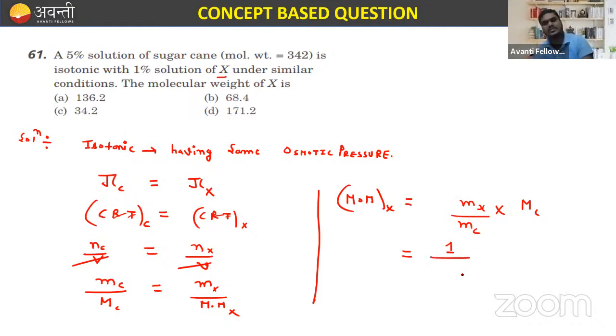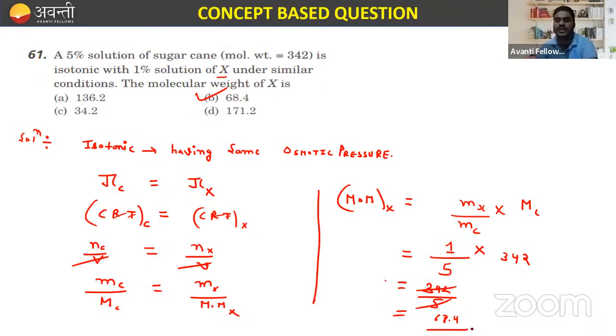And the mass of the cane sugar, 5%, is 5 gram. And the molar mass of cane sugar is 342. So it comes out to be 342 divided by 5, and you'll get 68.4. So 68.4 is the absolutely correct answer for this question.